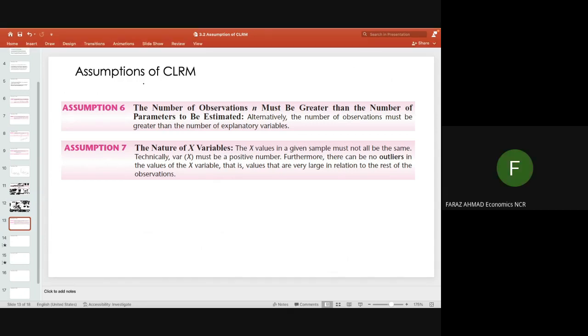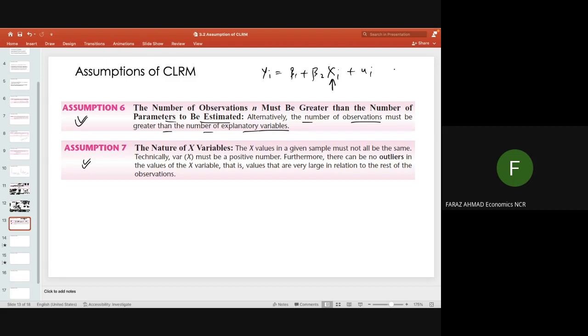All right. So then two more assumptions, very simple. Assumption 6 and assumption 7. Assumption 6 says the number of observations must be greater than the number of parameters to be estimated. Alternatively, the number of observations must be greater than the number of explanatory variables. So if you have a simple regression model like this, there's one explanatory variable.